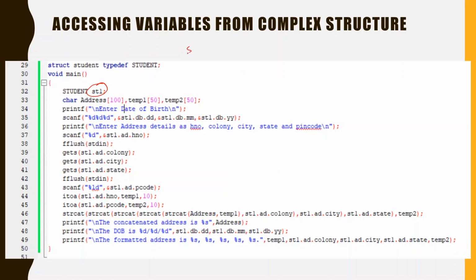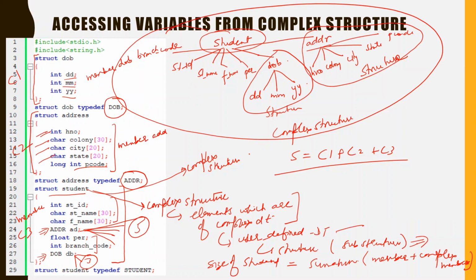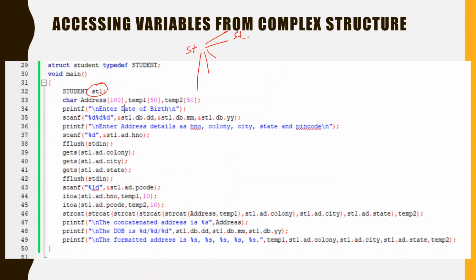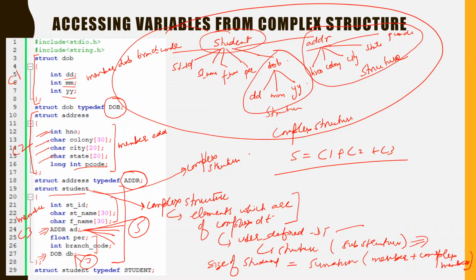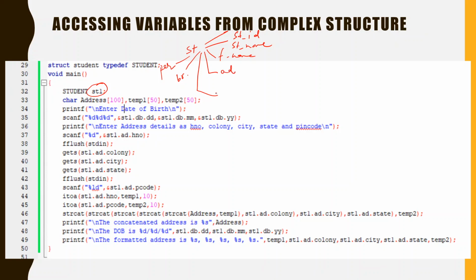This st is going to have these particular values: stid, that is student id, then student name, then its father's name, then branch code, then percentage. And apart from this, we have two complex data types also. These are the variables AD and DB.